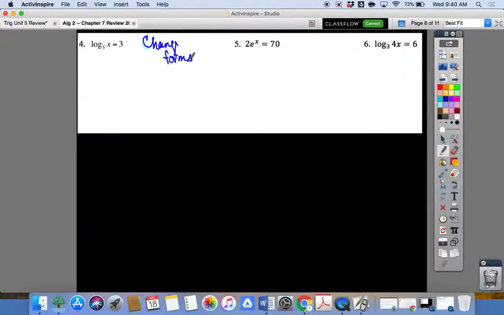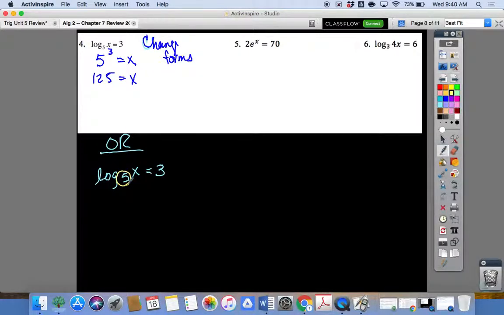So if I changed forms like I did previously in the review sheet, I'd have 5 to the third equals x. 5 to the third is 125. Okay, here's the other idea. Or you can go in here, let's rewrite. This means I'm going to use my base to work things out.